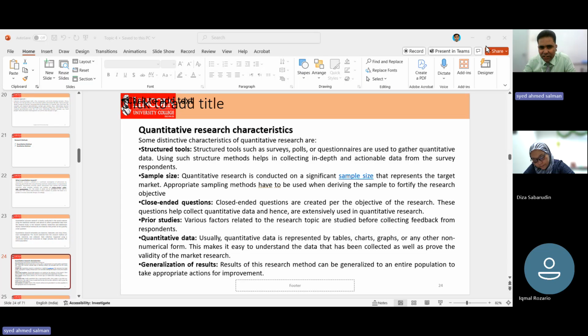Using such structured methods helps in collecting in-depth and actionable data from the survey respondents. So one of the characteristics of quantitative research is structured tools.